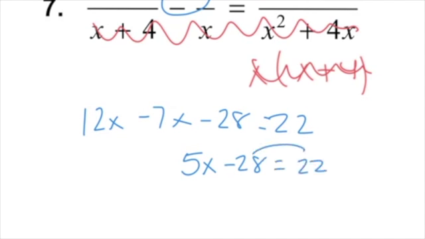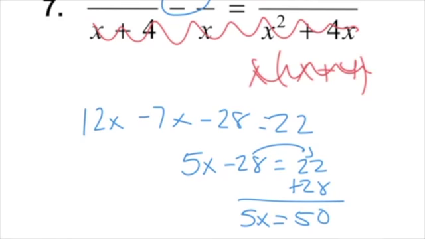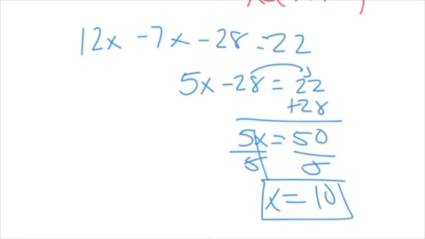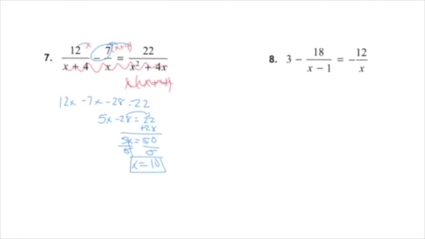We're going to add the 28 over here. And you get 5x equals, I think, 50, right? And then divide by 5. x equals 10.